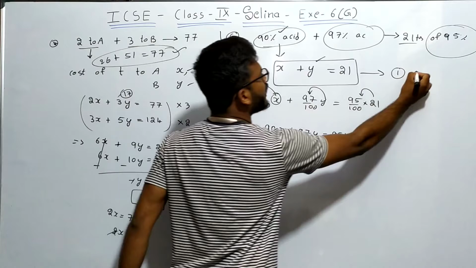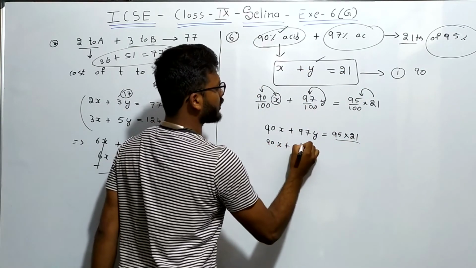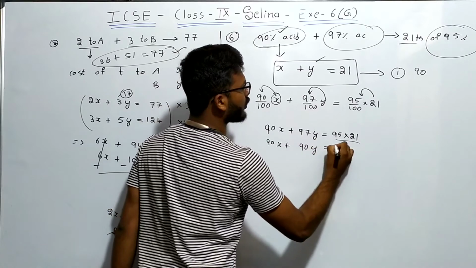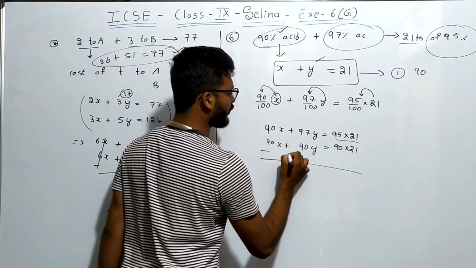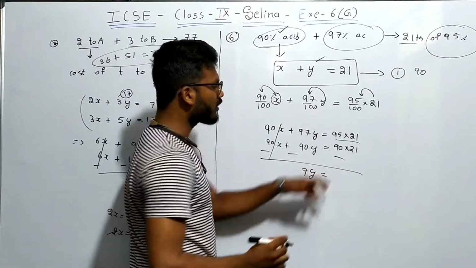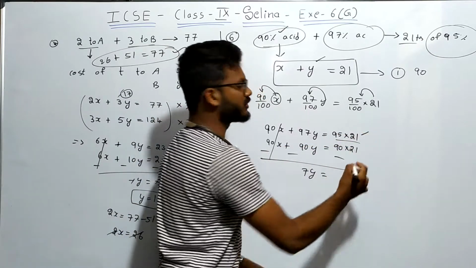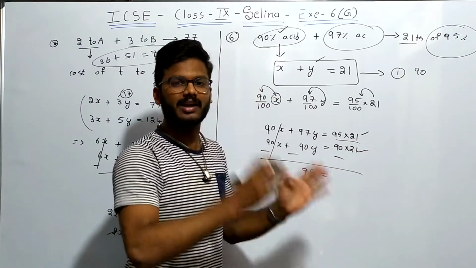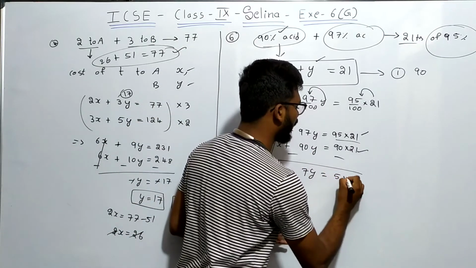If you multiply it with 90, what you will get? 90x plus 90y equal to 90 into 21, right? So see here what I am doing: minus, minus and minus. Here you will get 7y is equal to, out of 95 times 21 and 90 times 21: from 95 times, if you subtract 90 times, how many times is remaining? 5 times, right?